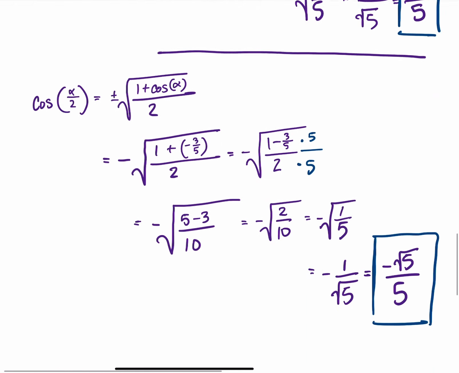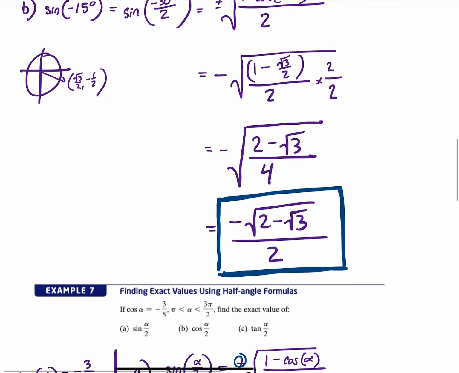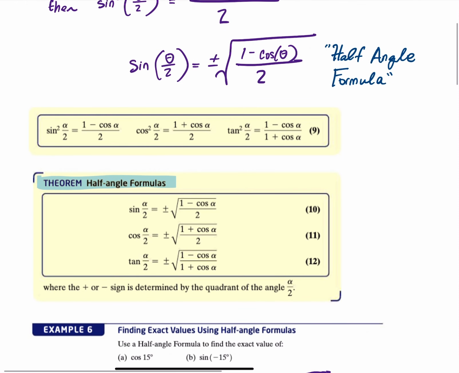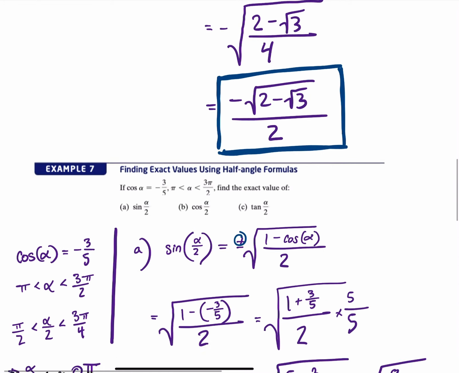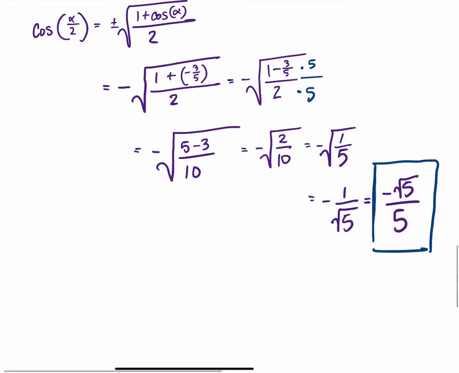All right, let's look at the tangent, and let's use this half angle formula for the tangent given here. So plus or minus square root of 1 minus cosine alpha over 1 plus cosine alpha. So let me write that down here again. So this is part C. Let's find the tangent of alpha over 2.